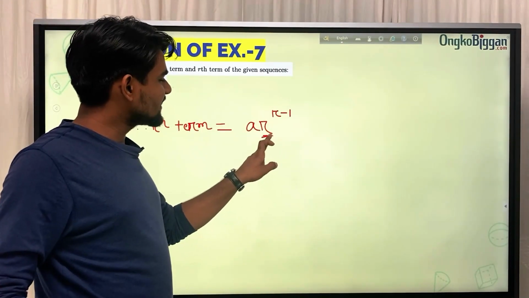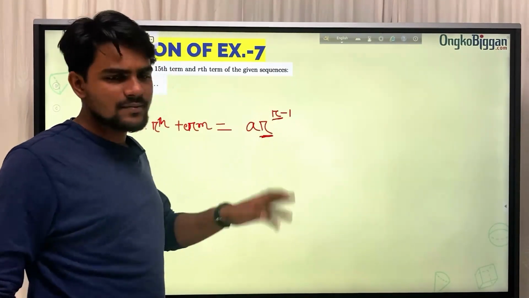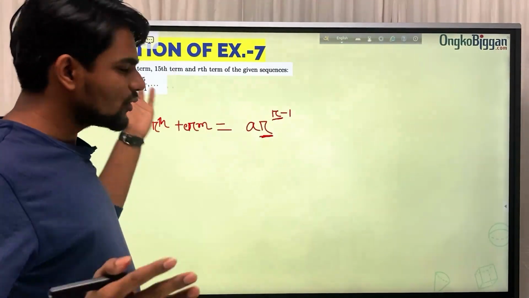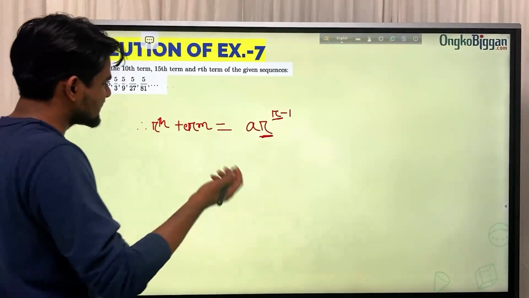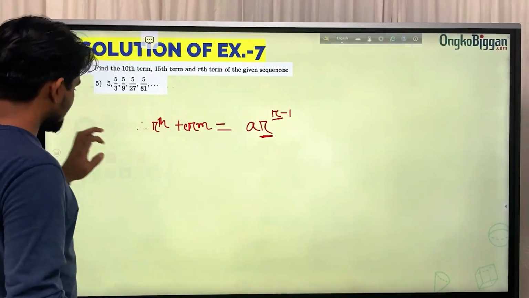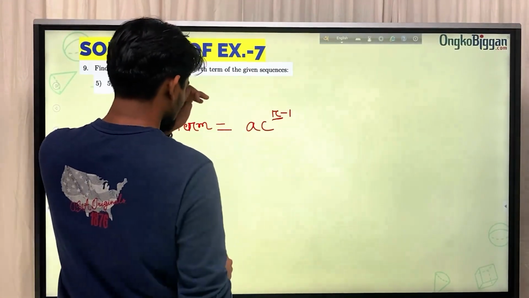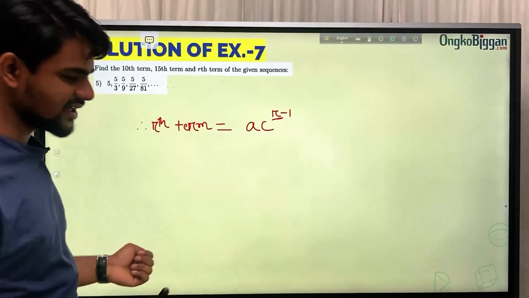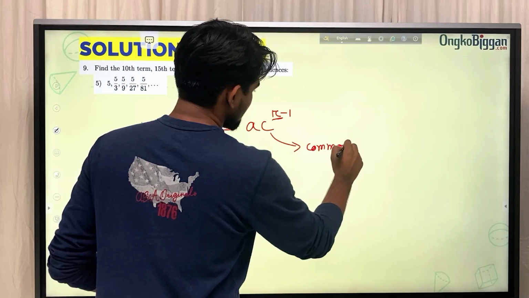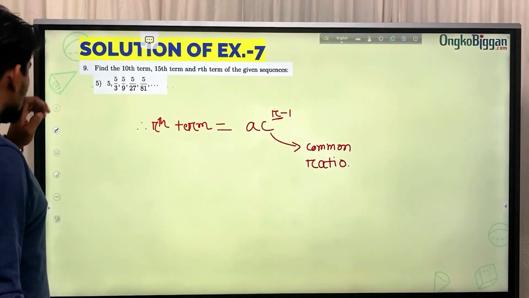Basically, we have given the same name to the common ratio and to the number of terms, but I don't think it's that big of a deal. So we're going to keep it this way, or you can change it. You can give the common ratio the name C, and then it will not be that problematic. So a c^(r-1), where C is the common ratio.